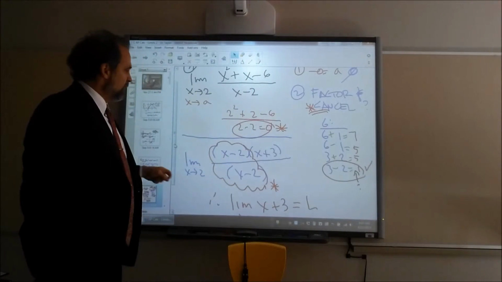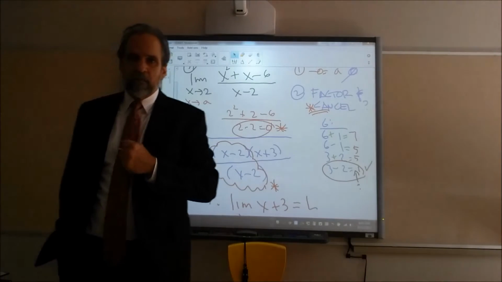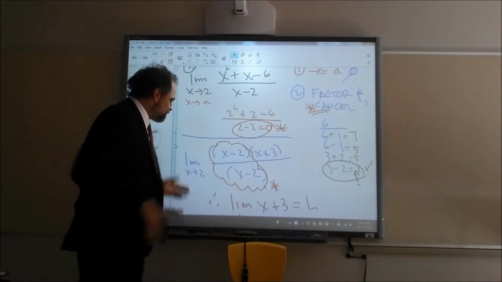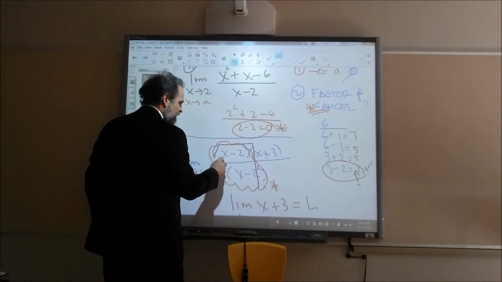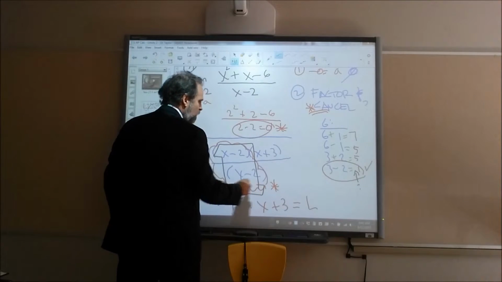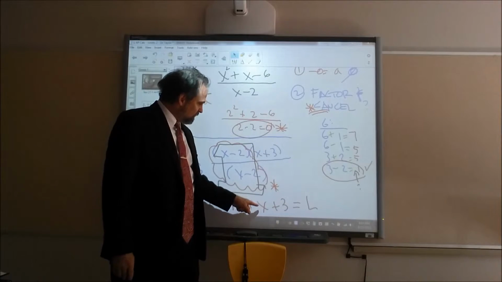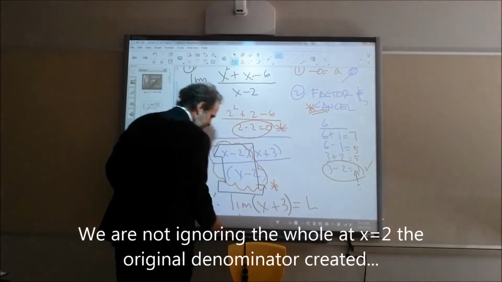Okay? So, now when I do this, what is any number over itself? That's not a 0. It's 1, right? So what this really is, is a giant 1. It's just a giant, ugly 1. And 1 times this is that, right? So really I'm saying now, what is the limit of x plus 3?